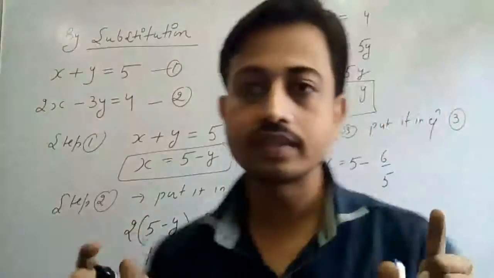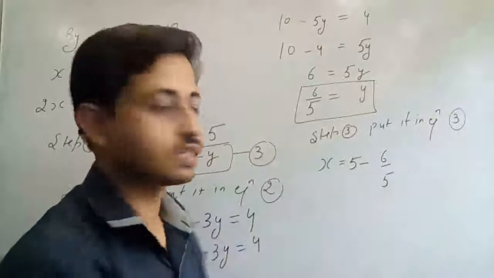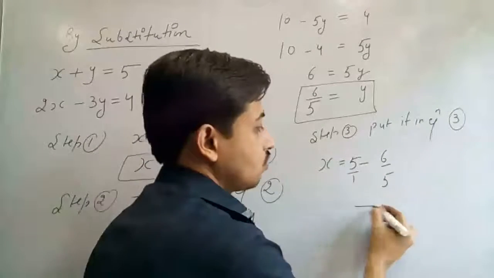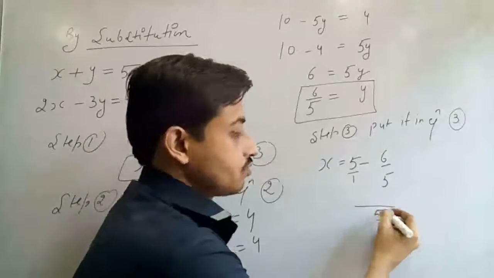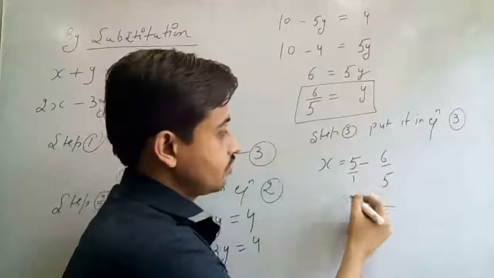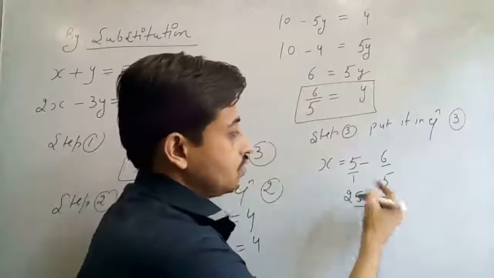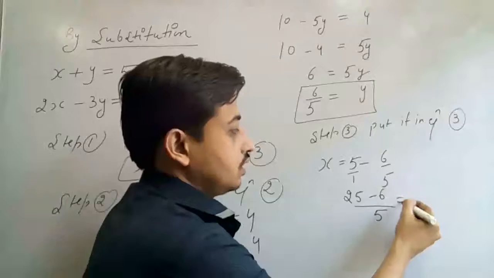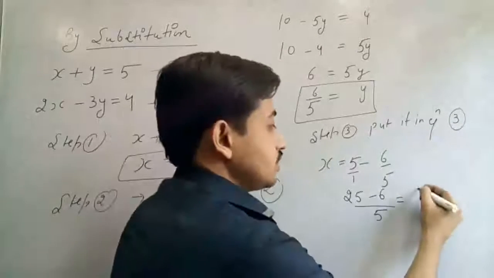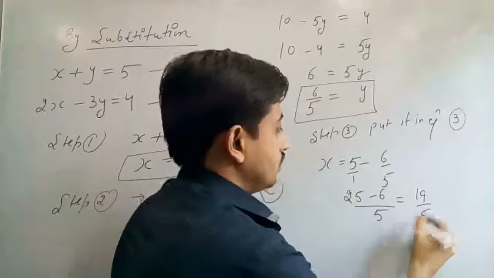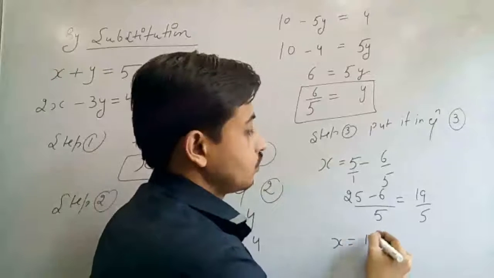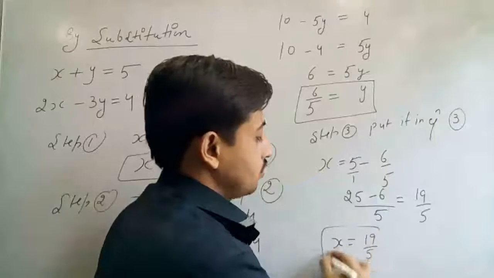Now we have to solve this. This is in terms of rational, try to make it also rational. 1 into 5 we get 5. Now 5 into 5, 25. 1 into 6, 6. 25 minus 6, which is 19 by 5. So we get x is equal to 19 by 5.